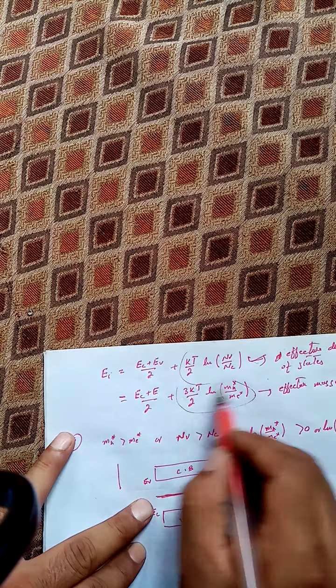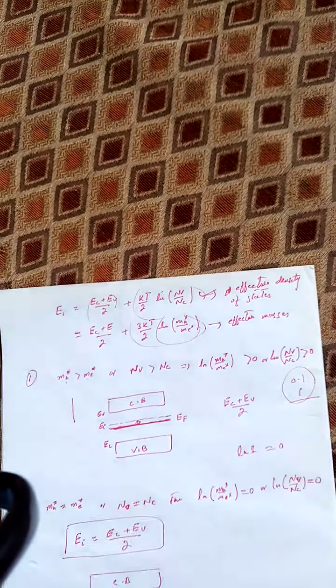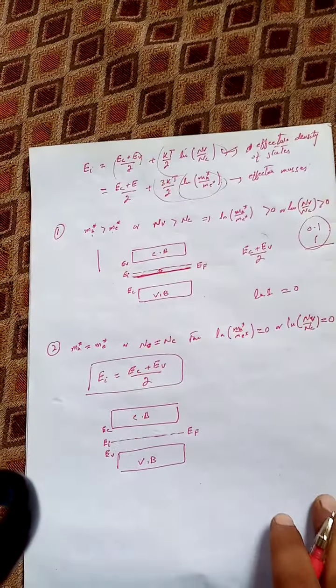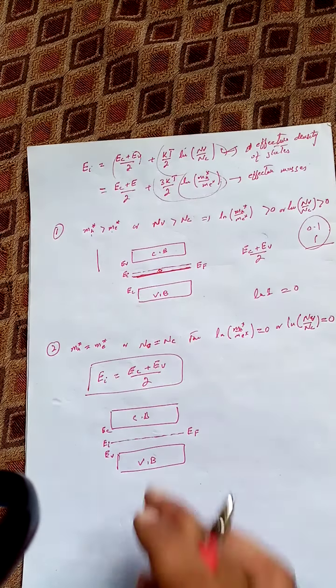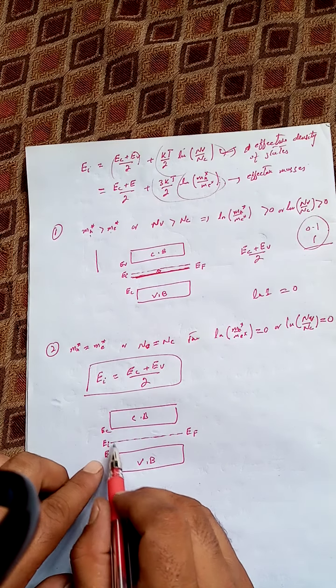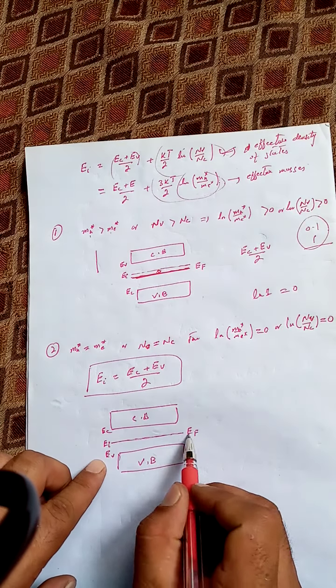This is the top of the valence band and this is the bottom of the conduction band. And the Fermi energy of intrinsic semiconductor will lie exactly at the middle, EI is (Ec + Ev)/2, which lies exactly above this EF.